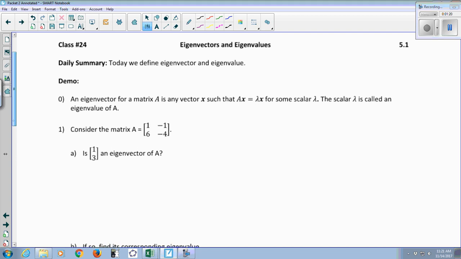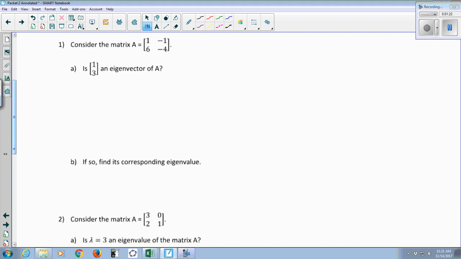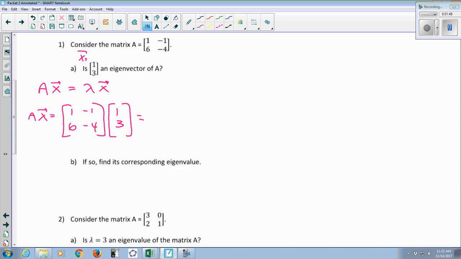So consider the matrix A with rows 1, 6 and negative 1, negative 4. Is (1, 3) an eigenvector of A? The definition of eigenvector is: does Ax equal lambda x for some scalar? So (1, 3) is my potential x. Ax is the matrix times (1, 3), and that comes out to (negative 2, negative 6).